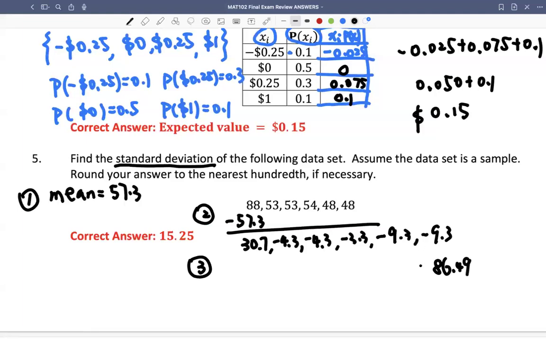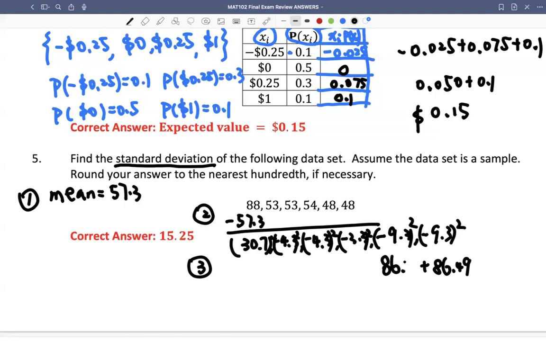We have 2 of them. Basically we square everyone. Third step, square everyone.